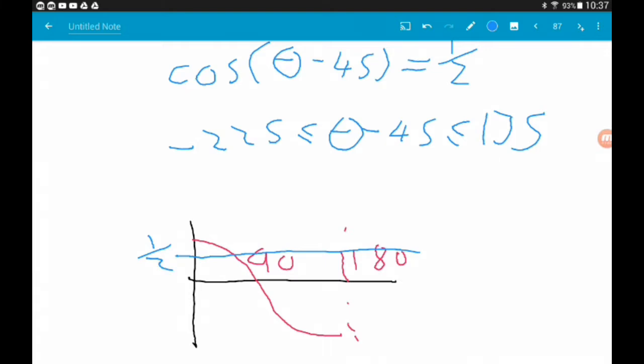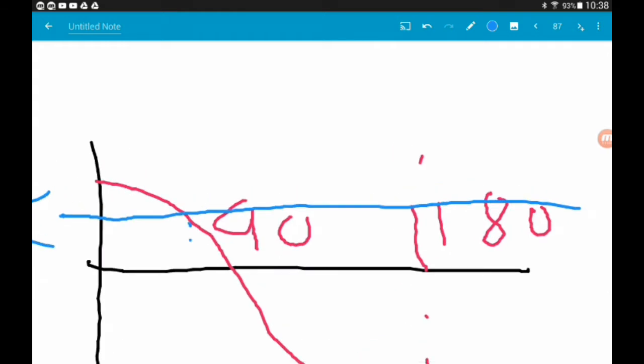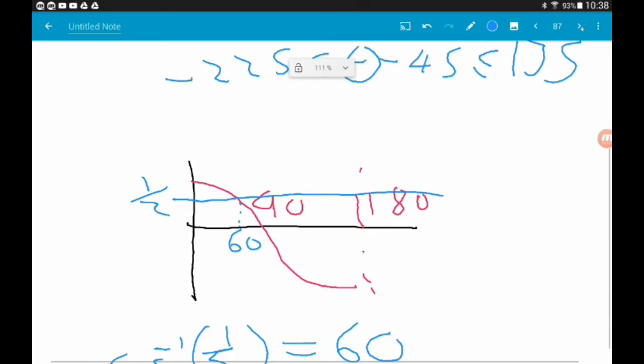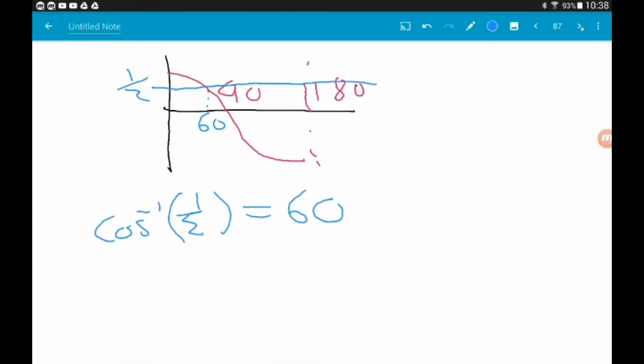So if we inverse cos of 1/2, we get 60 degrees. So this value here is 60 degrees. Now that is in our interval, so that is a good one. That is telling us theta minus 45 is equal to 60 degrees.